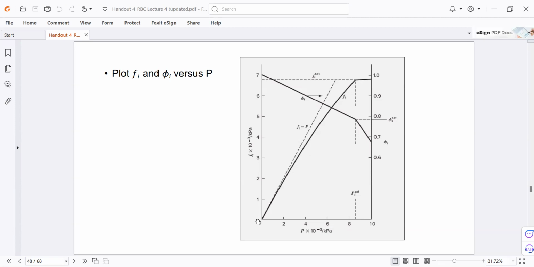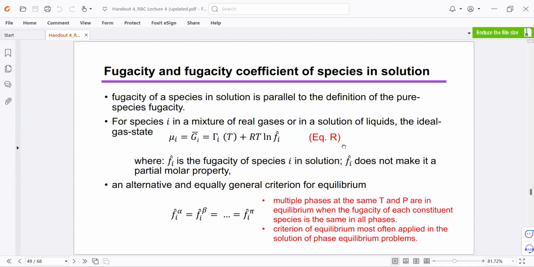So as you can see, how do they compare when the pressure is low and the pressure is high, and also observe what happens to the slope when the pressure reaches the P saturation, and also do that for the fugacity coefficient as well. Okay, so that is part of your assignment. I won't discuss that. Now we move on to the next lecture.